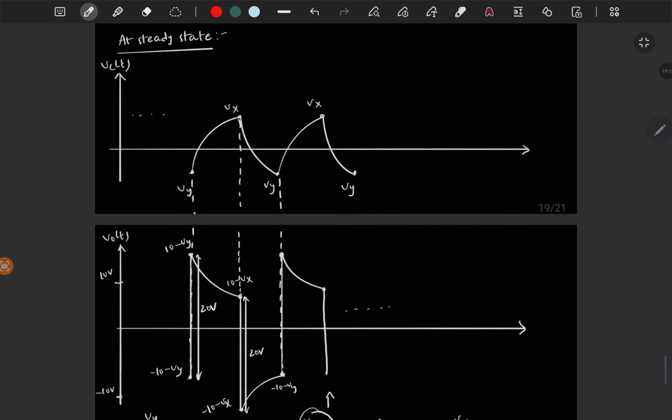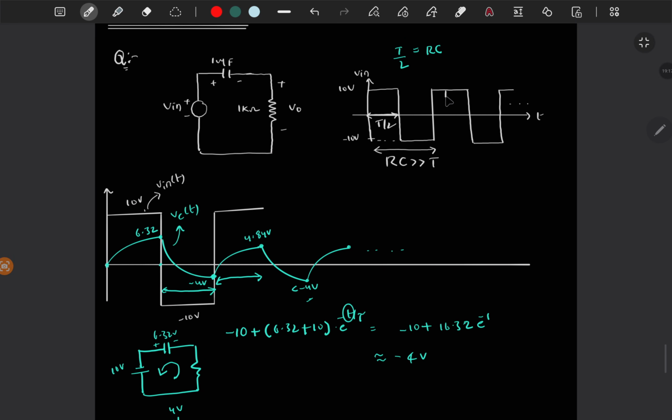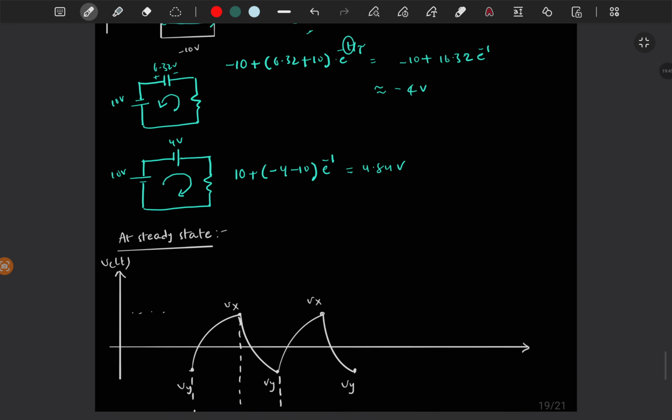This magnitude is same as that of this magnitude, right? So it means whatever the change in the input voltage is happening, it is happening from minus 10 to plus 10. The same magnitude of change is also happening at the output voltage, because the capacitor value should remain constant irrespective of change in the input. So that is what it is doing.